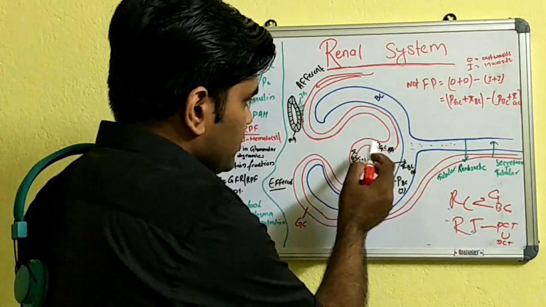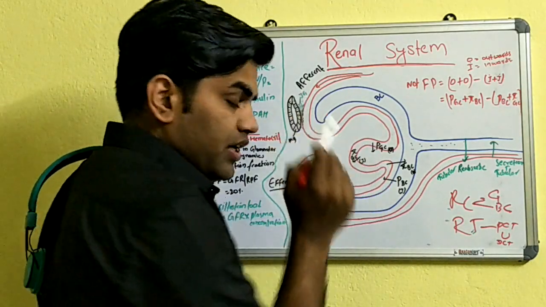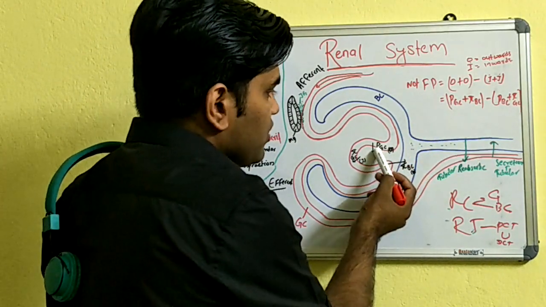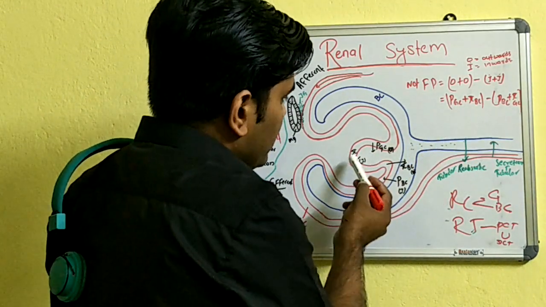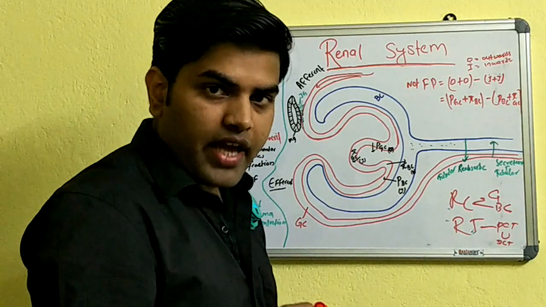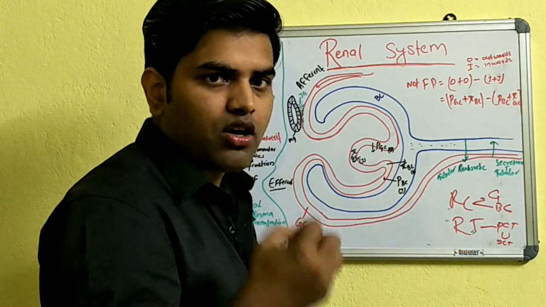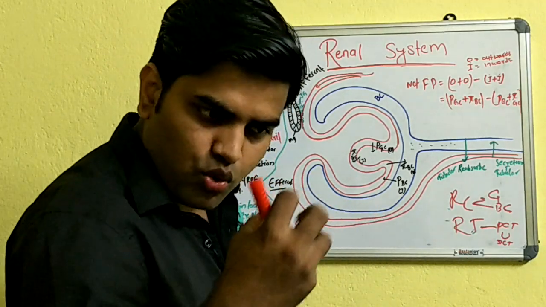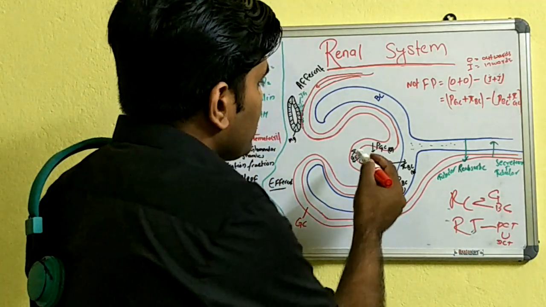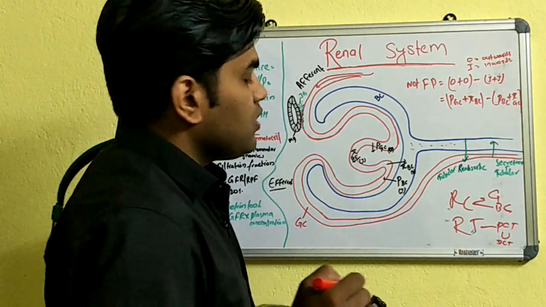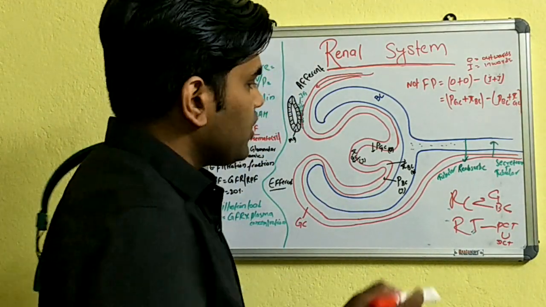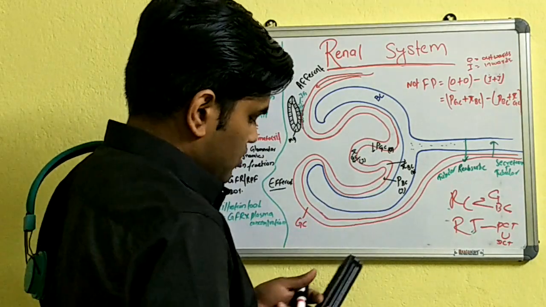Inside the blood there is hydrostatic pressure, the pressure of the glomerular capillaries, and there is the plasma protein, which exerts the osmotic pressure, the oncotic pressure. This oncotic pressure tries to hold the water, whereas the hydrostatic pressure wants to pull out the water. Okay, so it pulls out, it goes out.